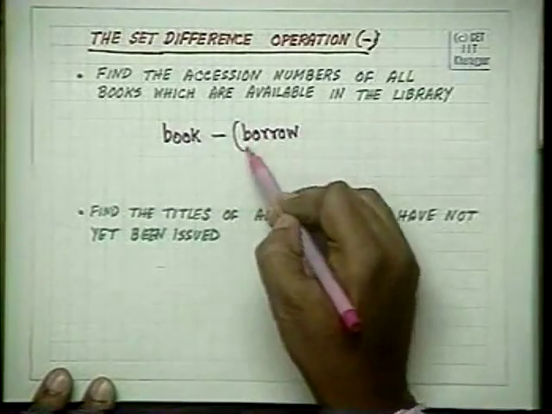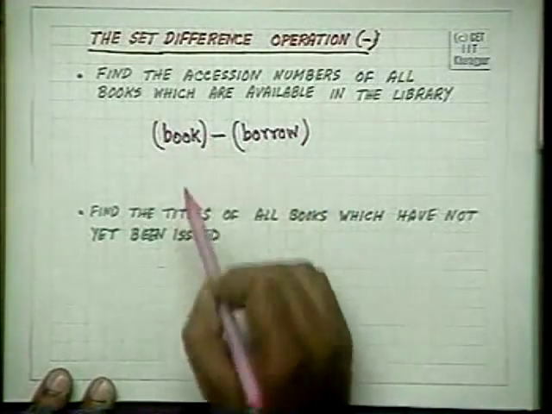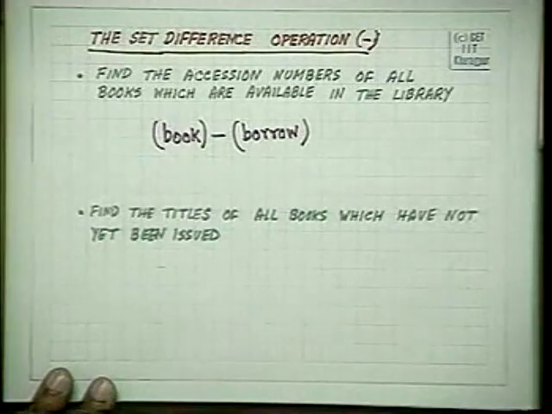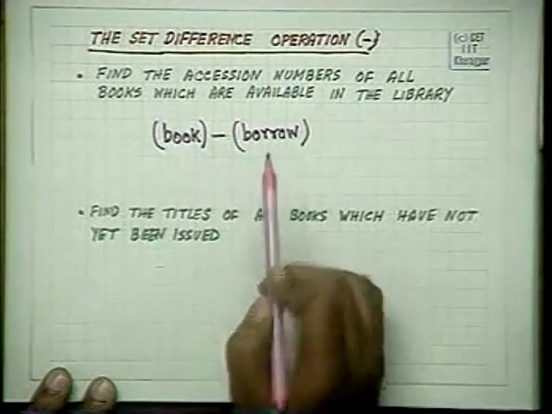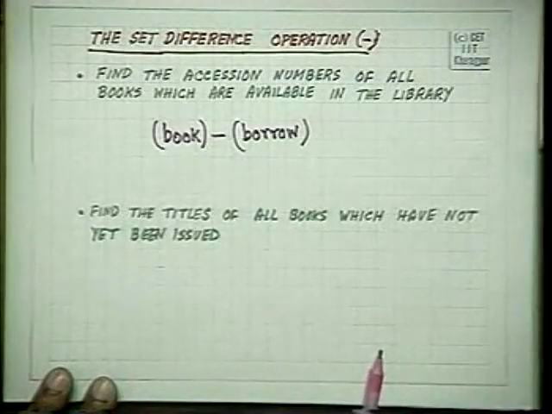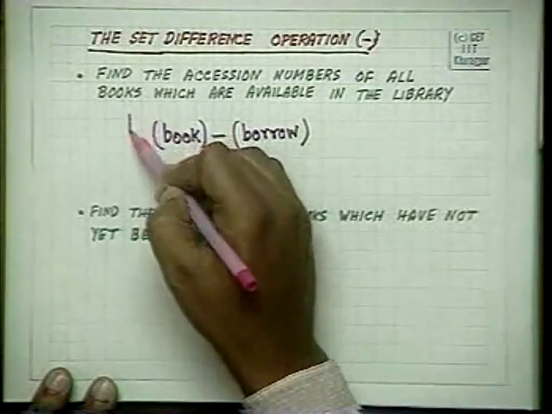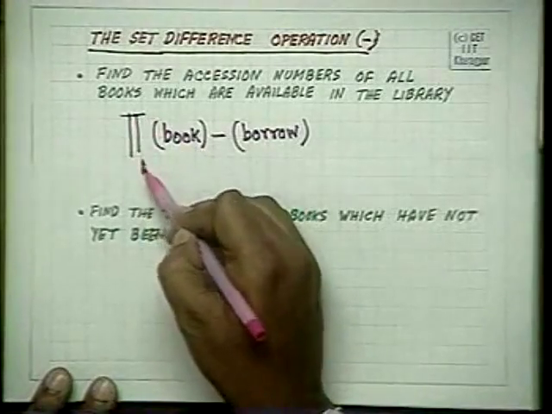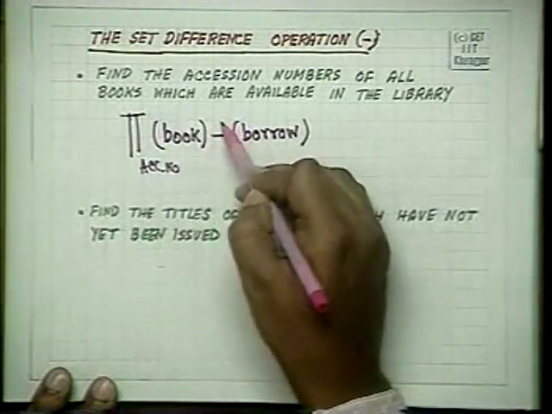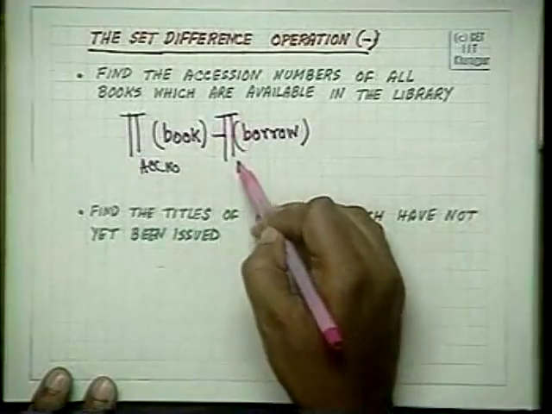Will this give you the relation? This will not give you the relation, because set difference is defined on two relations which have got the same attributes. So you project out the accession number from here and you project out the accession number from here.